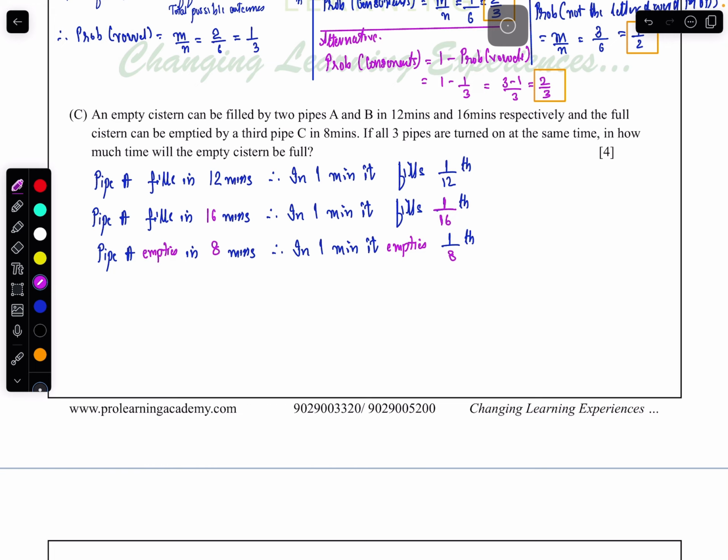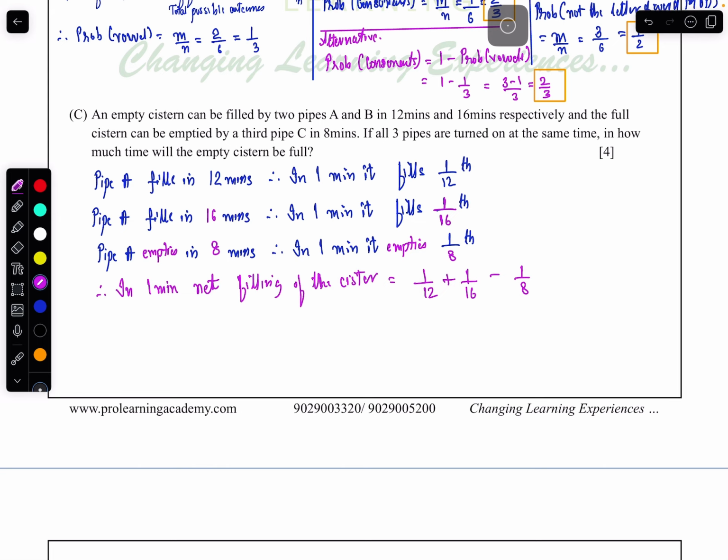Therefore, in 1 minute, the net filling of the cistern is 1 over 12 plus 1 over 16 minus 1 over 8.